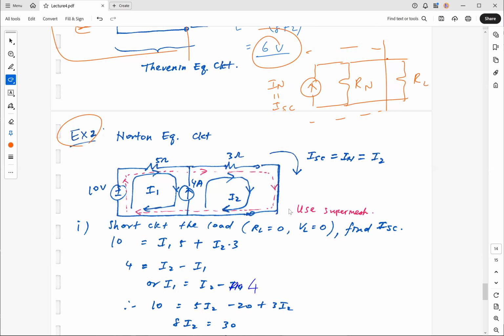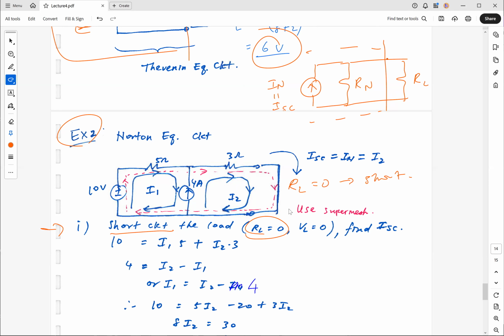Now let's figure out this ISC. As the first step, I need to short circuit the load, instead of open circuiting the load like in the first example. To short circuit the load, I set this RL to 0. So I short this load.